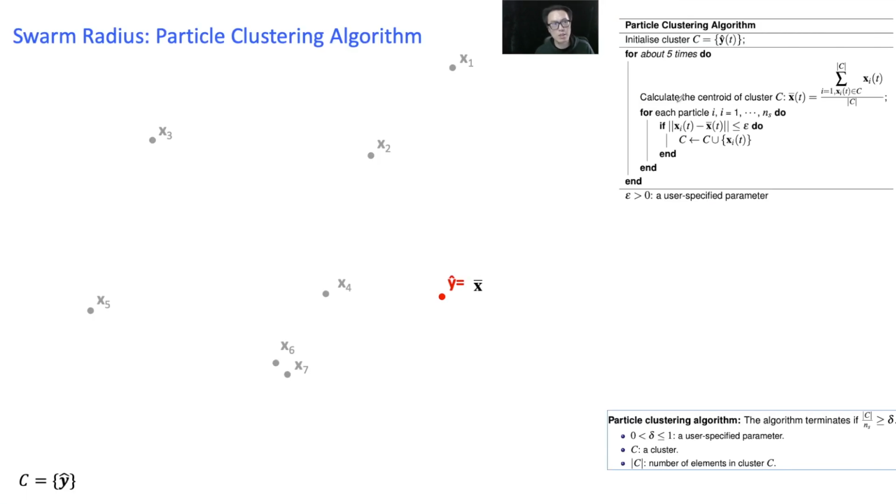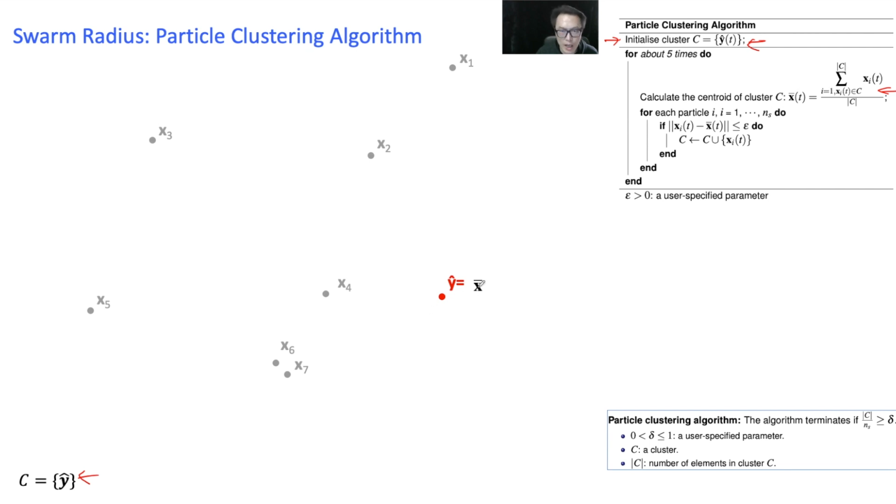Take a look at this example using the swarm radius particle clustering algorithm. Initially, we are now at this point. So when we compute the y hat, that is the global best solution, initially we only have one element in C. So we come up with this line, and when we calculate this mathematical expression, C is just one component.